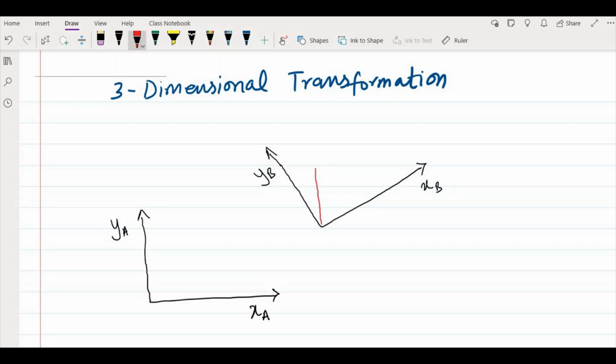So this is a point P, and this vector we call PB, because this is in your frame B. So in this frame, this vector, this point, we call it PB.